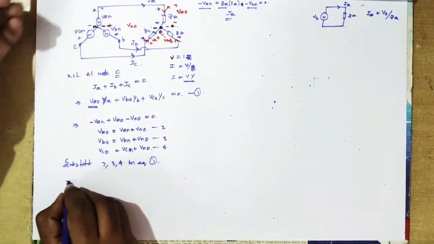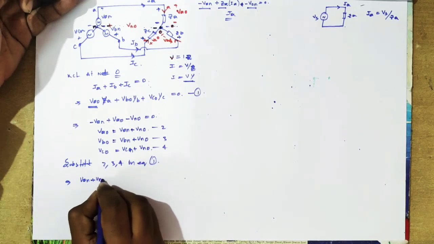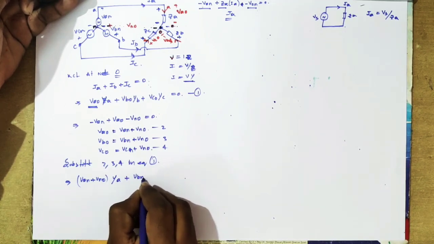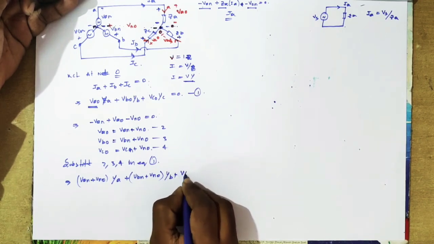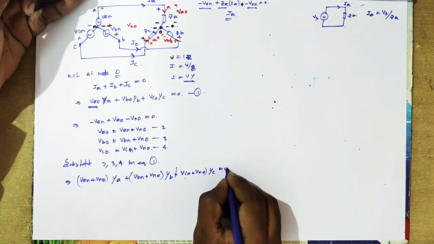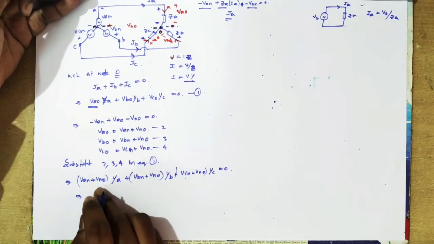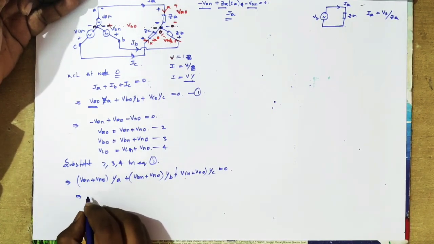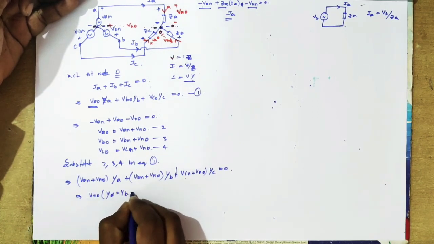After substituting that, we get (VAN plus VNO) into YA plus (VBN plus VNO) into YB plus (VCN plus VNO) into YC equals 0. We take all the VNO terms together, so VNO into (YA plus YB plus YC).